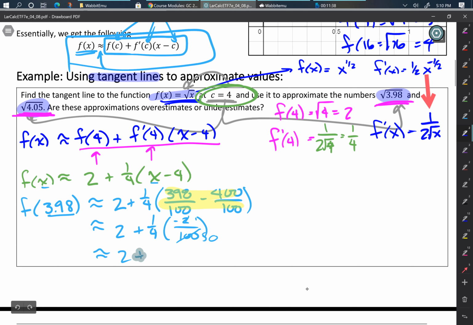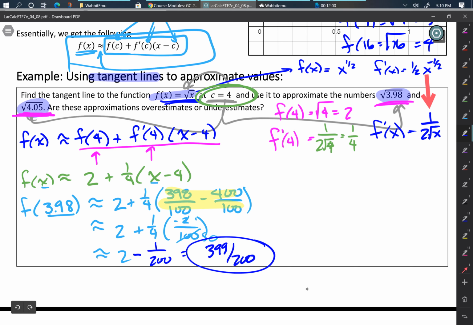Minus, I should change that from a plus to a minus. We'll distribute that negative. Minus, what's 1/4 times 1 over 50? Is that 1 over 200? Well, 2 is 400 over 200, so 399 over 200.